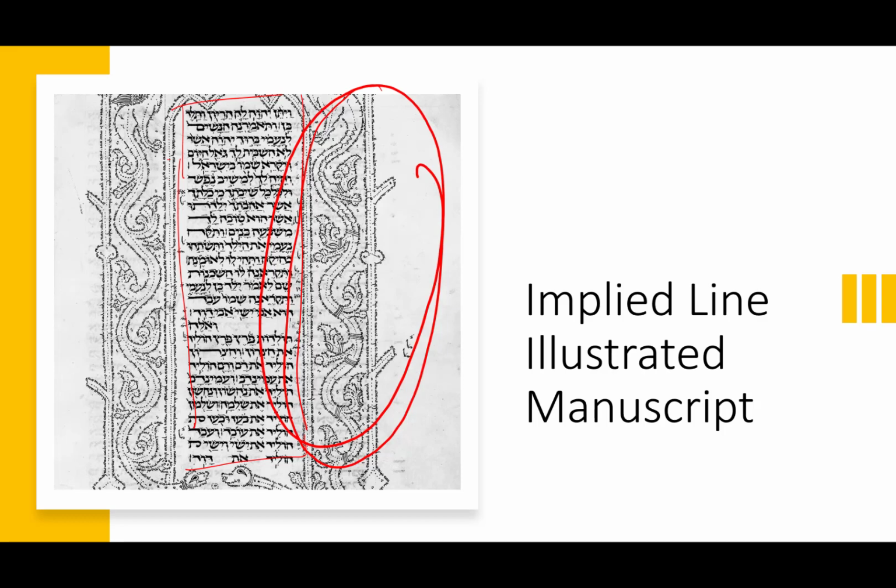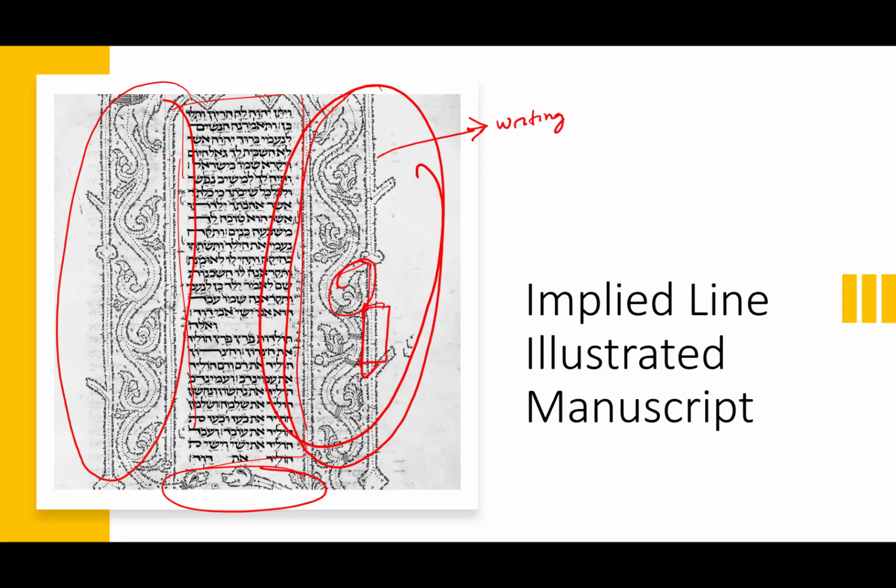But if you zoom into it, this is actually writing, right? So that's where I mentioned we'd see that example. All of this border stuff here and the picture, it's really small writing that then creates these images and lines that are implied lines. So again, the sky's the limit on what an artist can come up with implied lines.